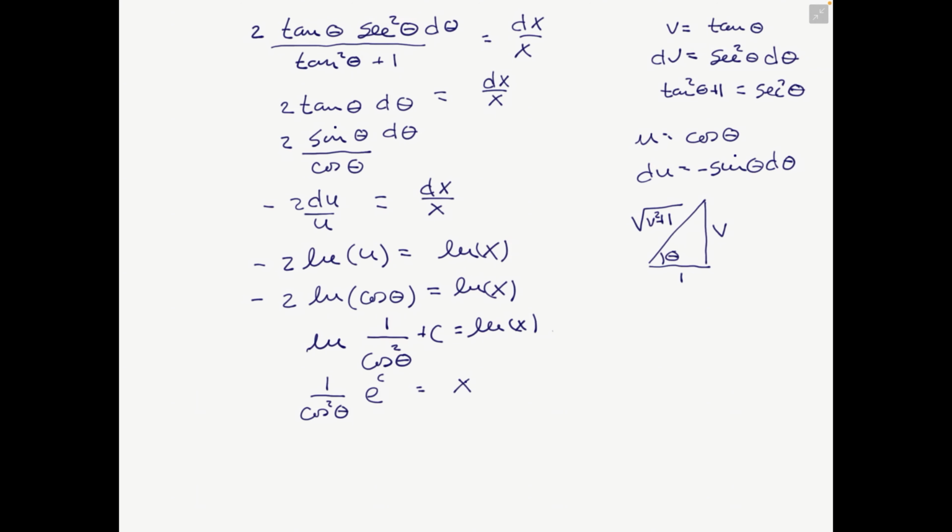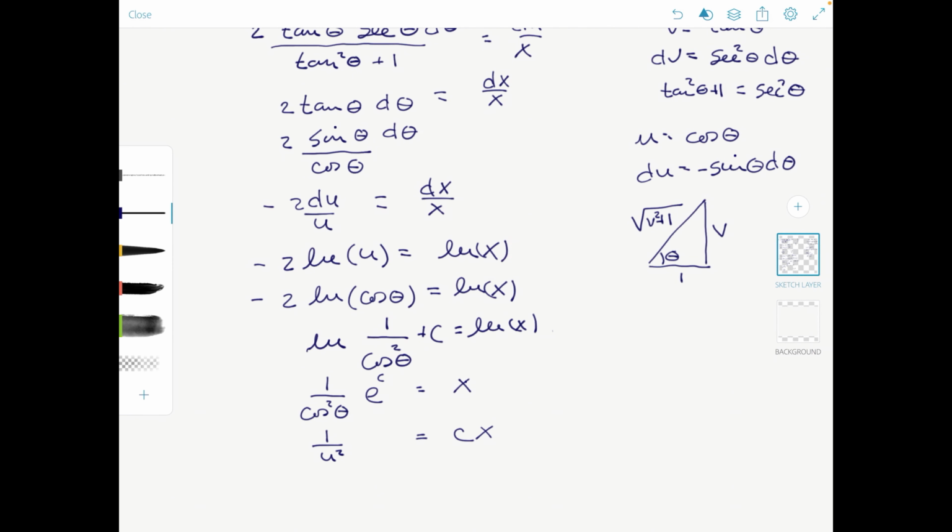And we know that cosine squared is u, so that's 1 on u squared equals, we can say cx if we want, or we could leave it this way.